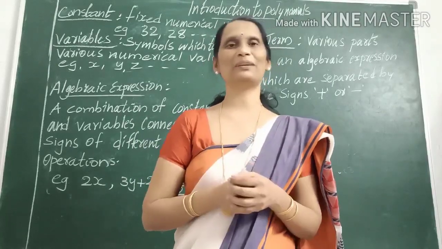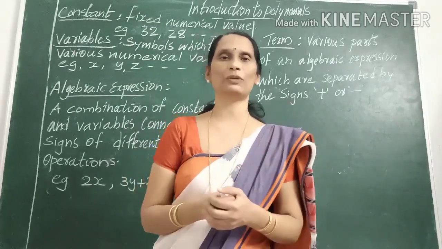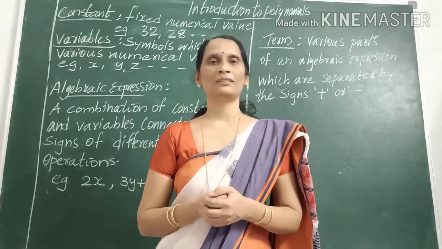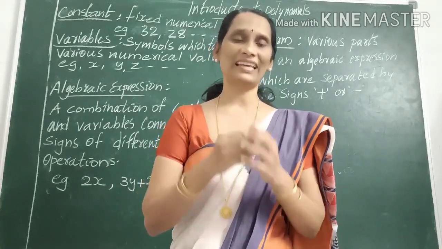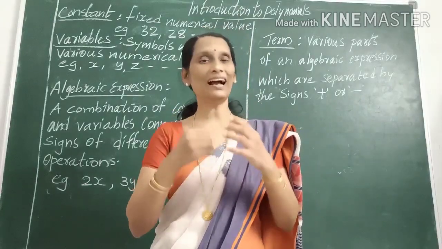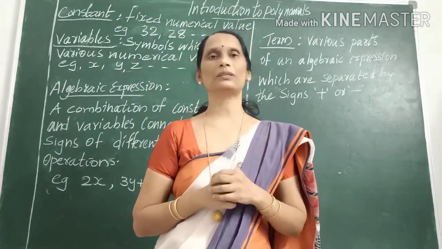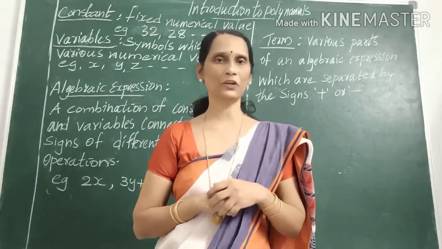A real number means rational numbers, irrational numbers, any real numbers. So any numerical that is used in polynomials or in algebra is known as a constant. Got the term constant?